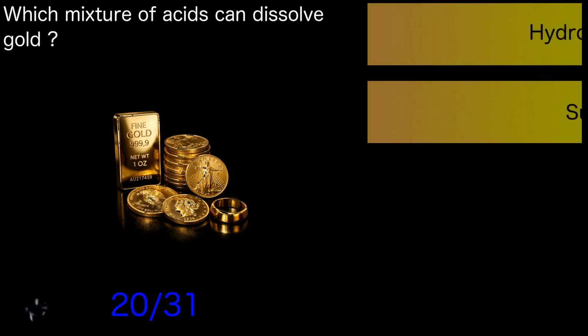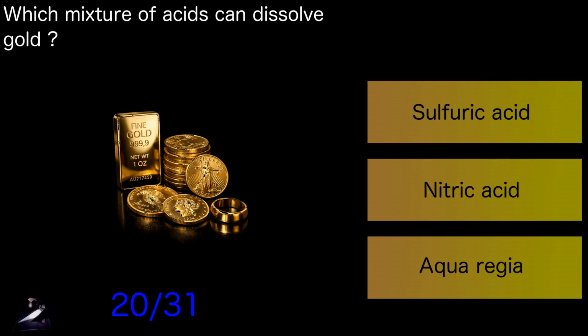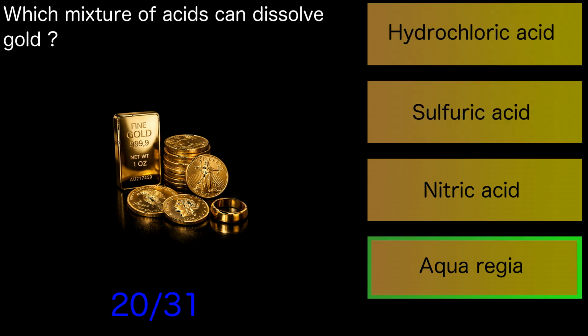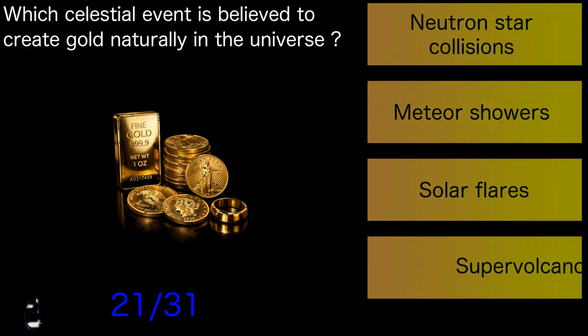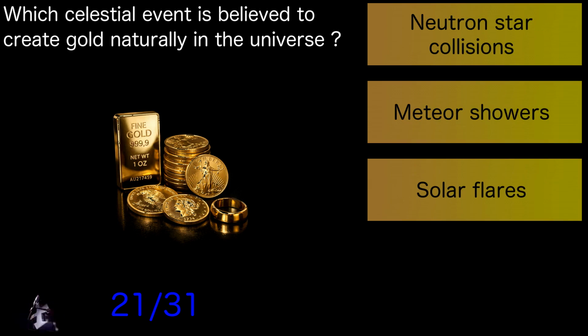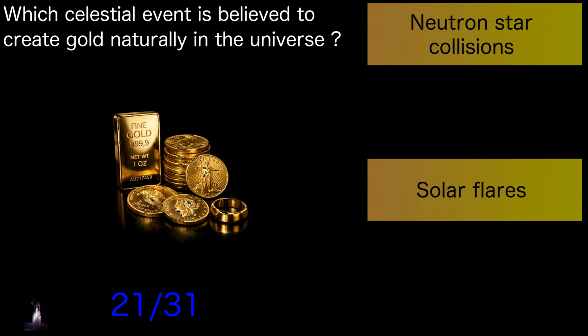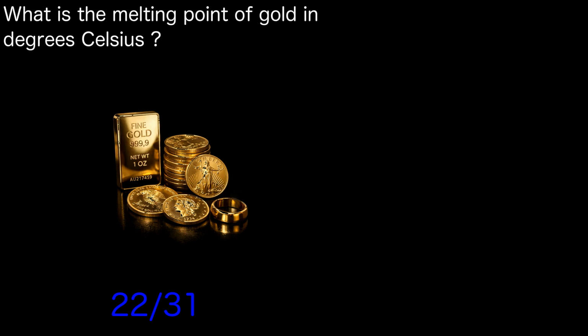Which mixture of acids can dissolve gold? Aqua regia. Which celestial event is believed to create gold naturally in the universe? Neutron star collisions. What is the melting point of gold in degrees Celsius?